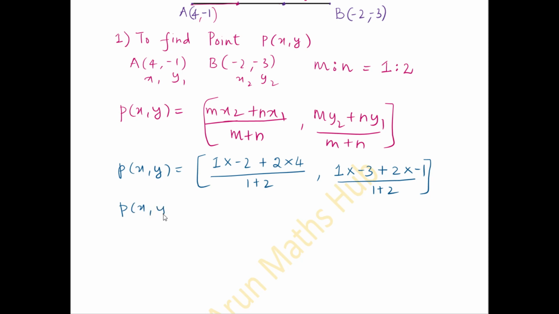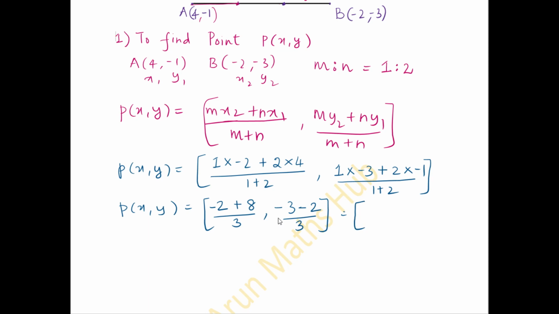P(x, y) equals 1 into 2 is 2, plus 2 into minus minus, 2 4s are 8, divided by 3, comma, 1 into minus 3 is minus 3, plus 2 into minus 1 is minus 2, divided by 1 plus 2 is 3.